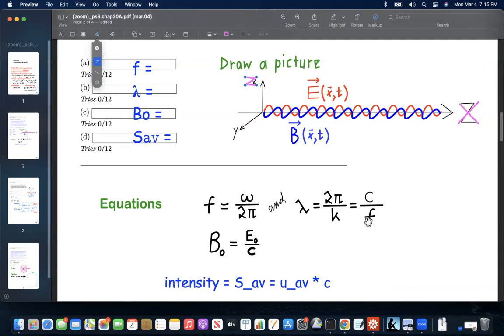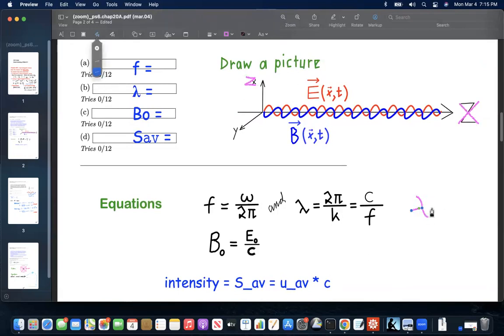So it's one cycle in space and it's one cycle in time. So the wavelength is the speed divided by the frequency.